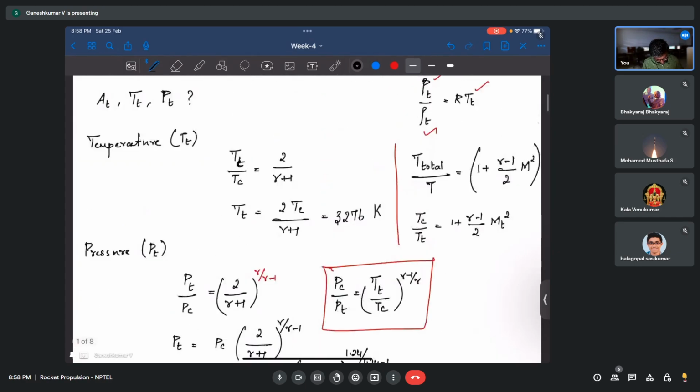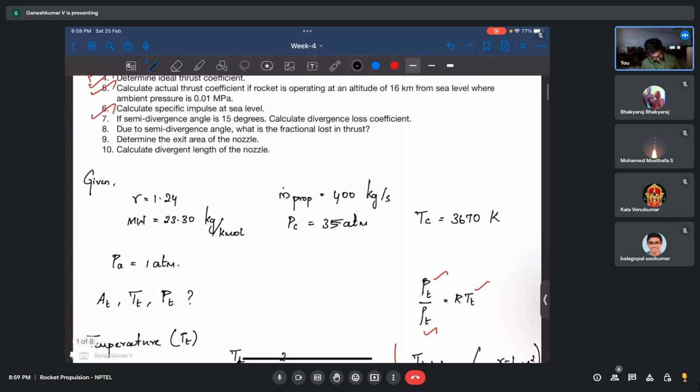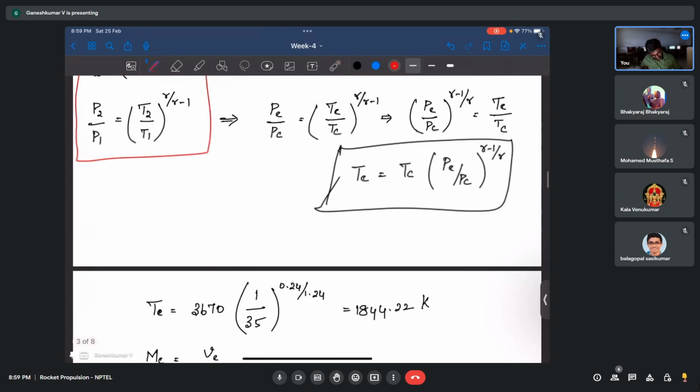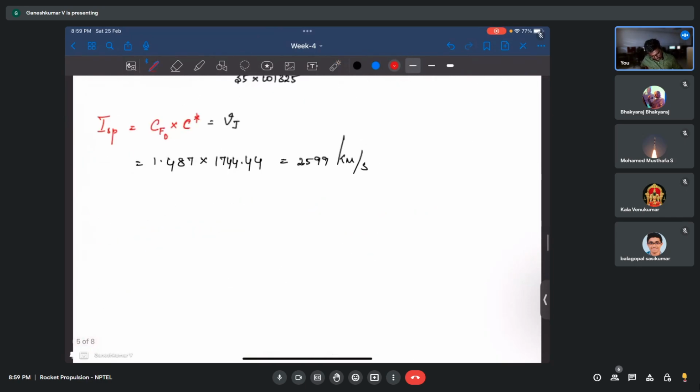Now there are a few interesting questions. I don't know how much I can cover within 8, 9. Just cover only 4 questions. I think it's pretty easy. If this semi-divergence angle is 15 degrees, calculate the divergence loss coefficient, for which we already know the relation.